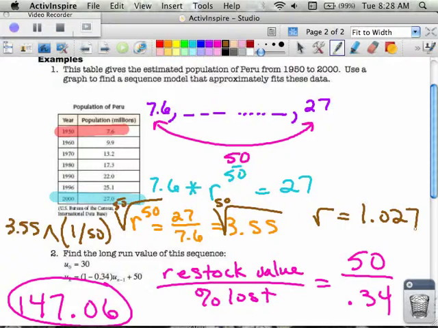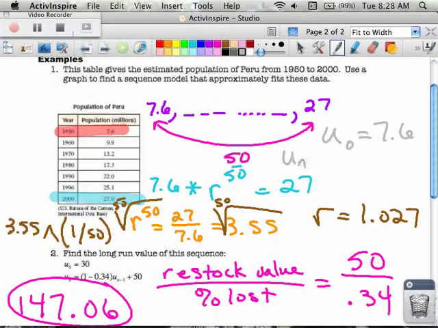So if you're writing the equation now after you've found your rate, I know that my U, what should we call it, 1950? U0. Okay, U0 is 7.6. That's my beginning value.